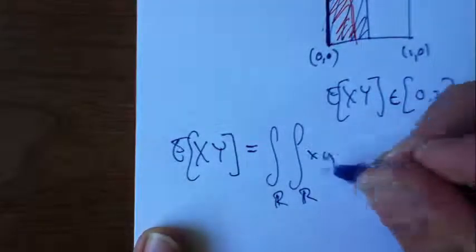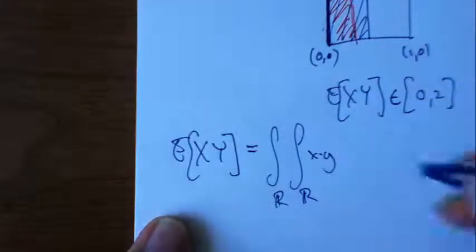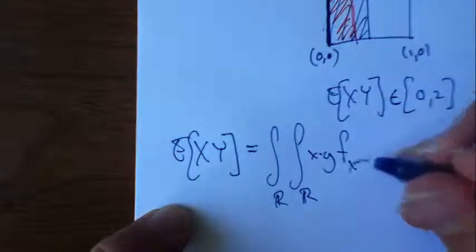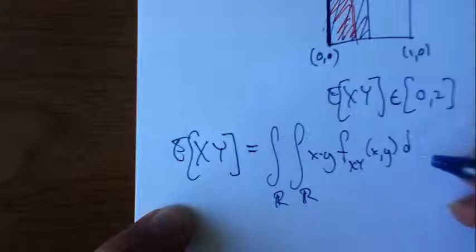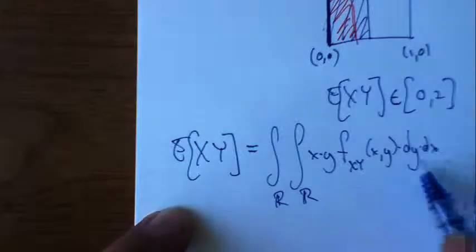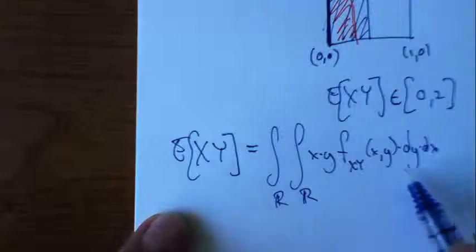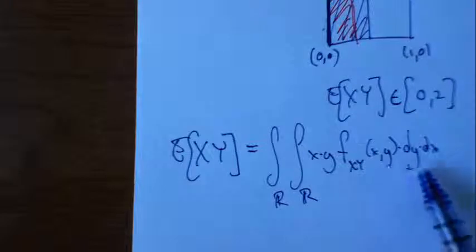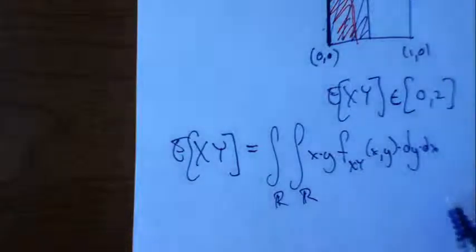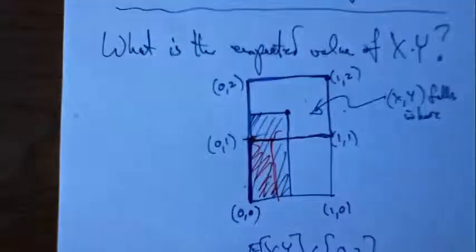And I'm integrating the product, little x times little y, against the joint density function for x and y, dy dx. Why did I go dy dx and not dx dy? Well, because I wanted to. Which one you do first depends on the physical shape. In this case, I have a rectangle. It doesn't really matter which way I go.